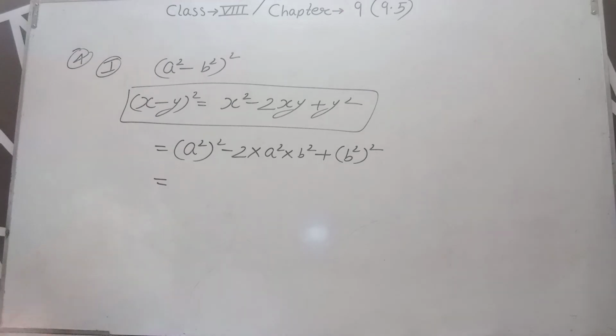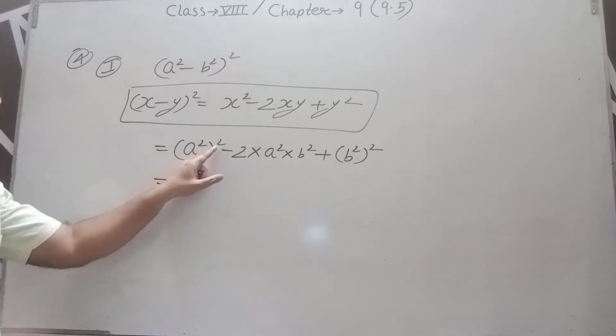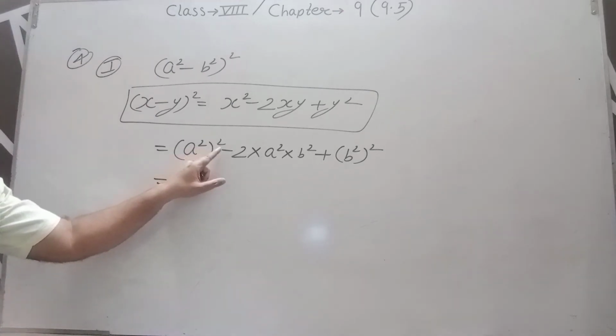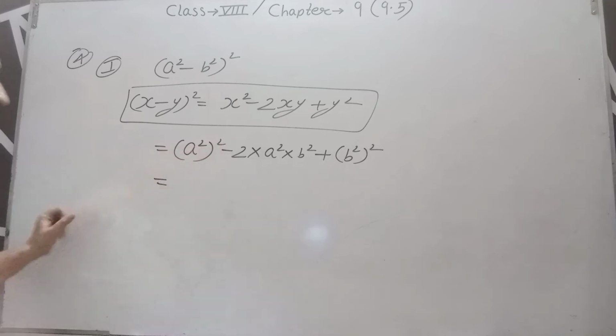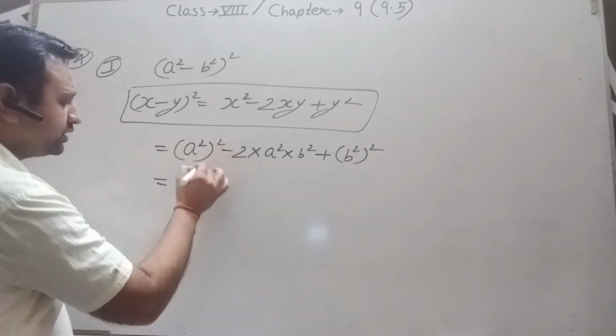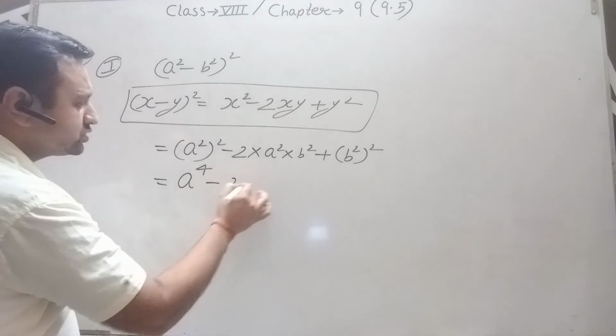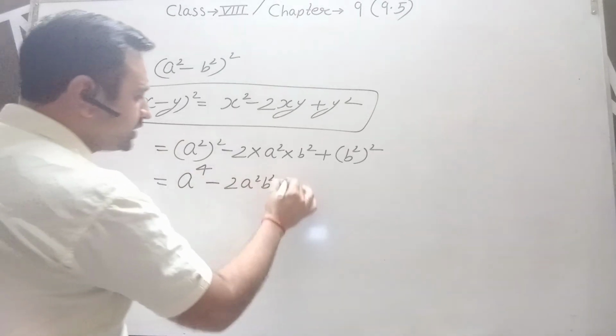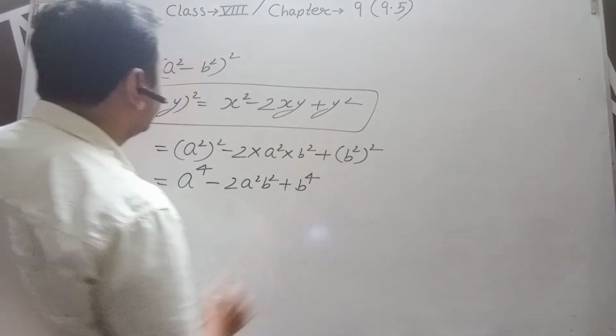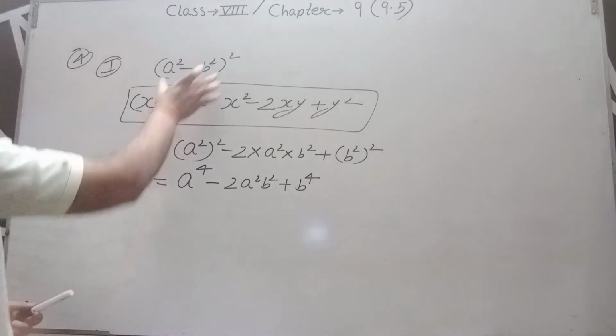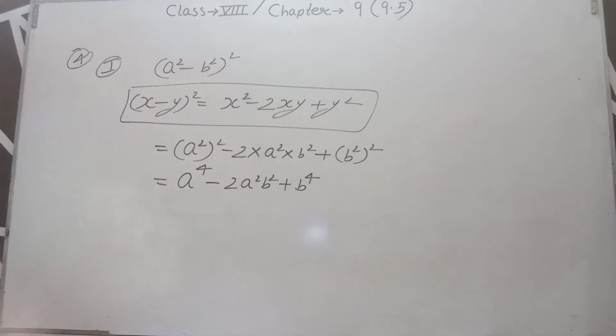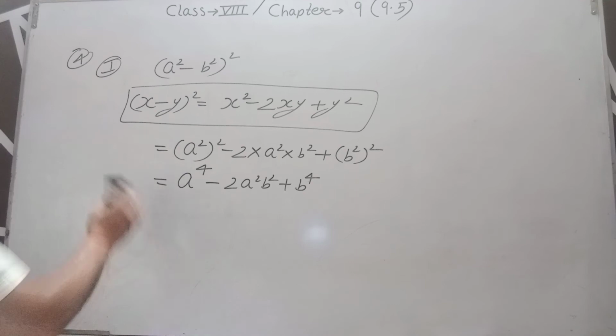Now in the exponent we studied that when there is a power upon a power, we multiply both powers. It means a raised to the power 2 multiply 2, that is 4, minus 2a square b square plus b raised to the power 4. So this is the solution of this part. I am sure the first part is clear.